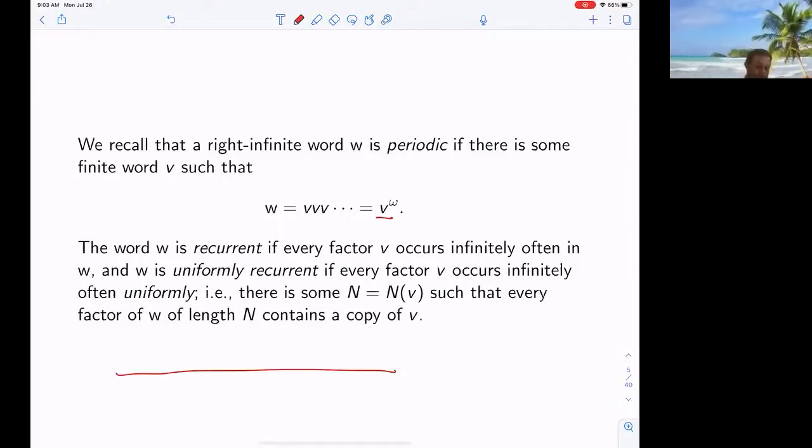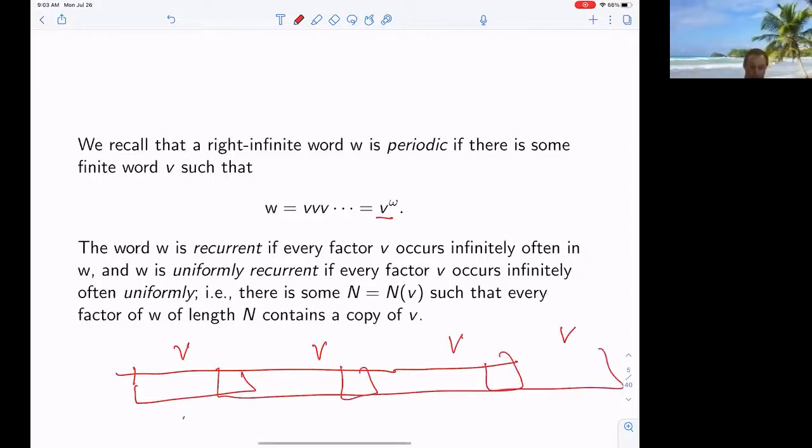And the word is recurrent if any factor occurs infinitely often in your word. And it's uniformly recurrent if for every factor you can find a length n so that every block of length n contains a copy of this factor. So that's the three concepts. Probably people are aware of these, but I'll just give them just in case.